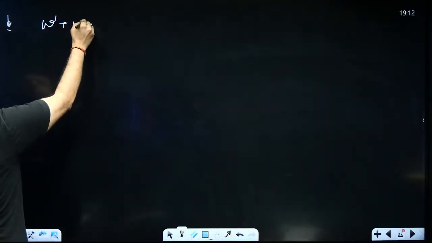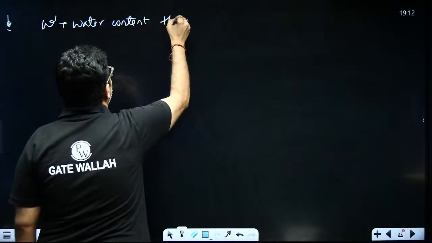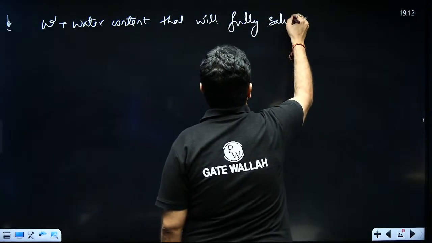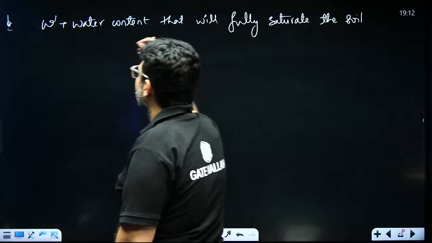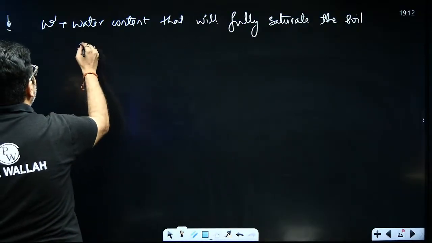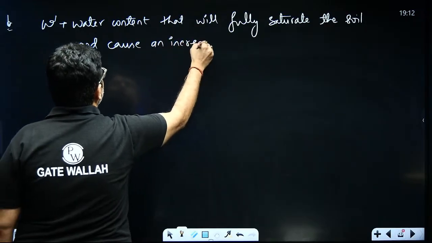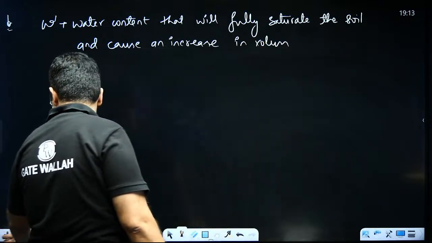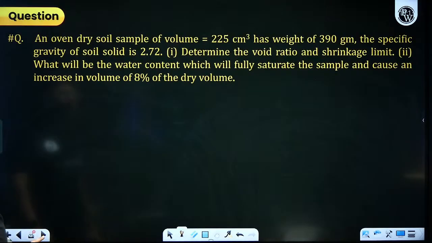W dash is the water content that will fully saturate the soil and cause an increase in volume by 8% of dry volume.